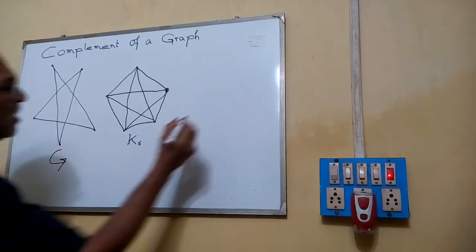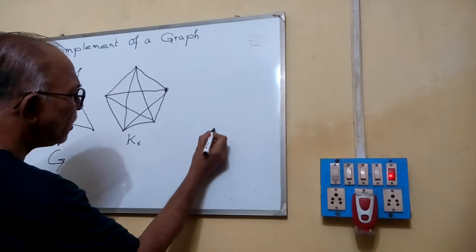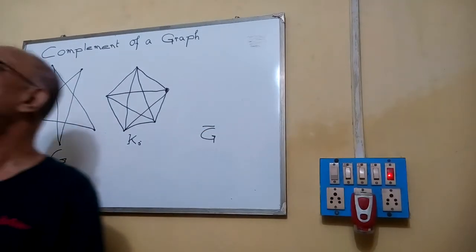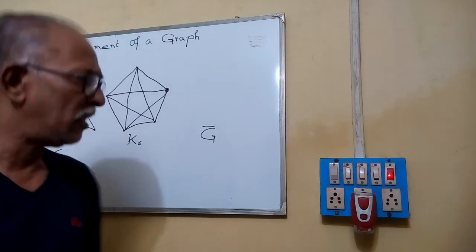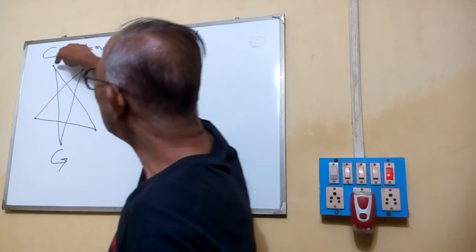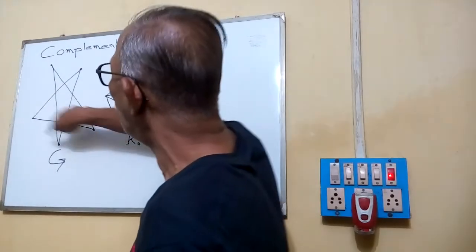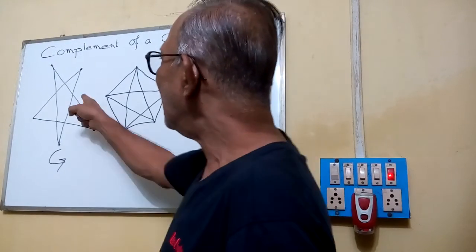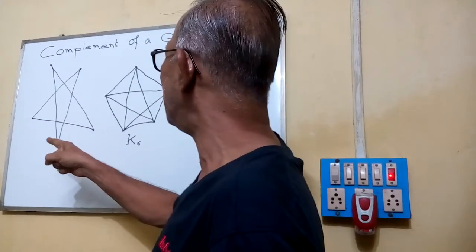If this is G, now what will be G complement? We are interested to know what will be G complement. In G complement, first of all these vertices 1, 2, 3, 4, 5, all these vertices will be there. And none of these edges will be there.